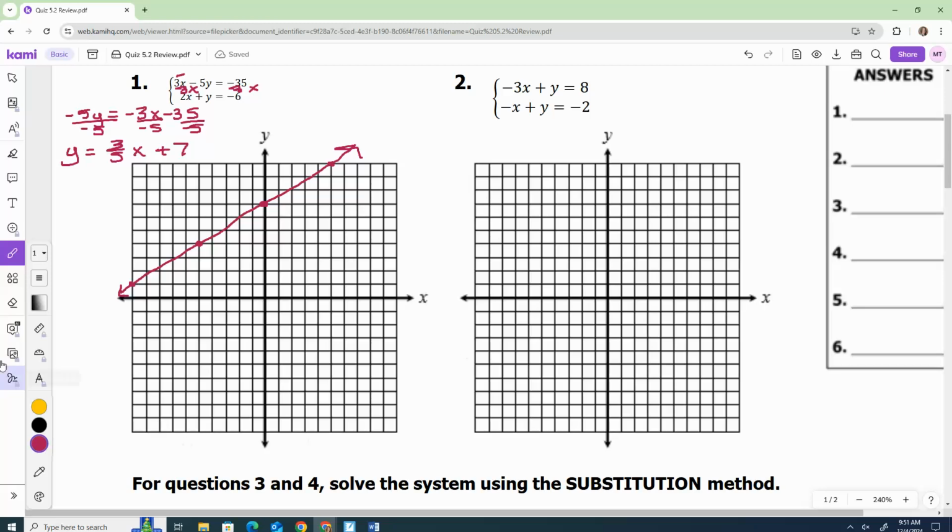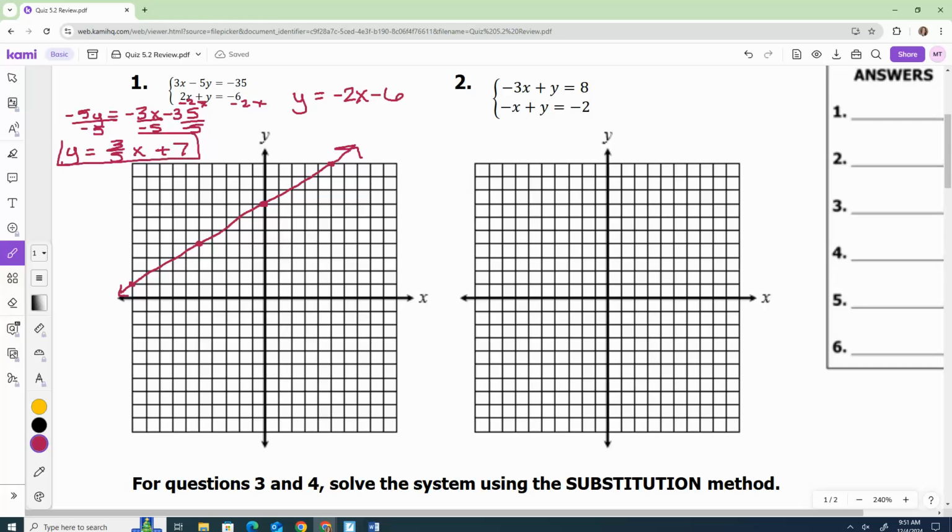The second one, again, it's not set up for us to easily graph. So if I want to graph it, I need it to be y equals mx plus b form. So the first thing we would do is subtract the 2x. If we do that, y equals negative 2x minus 6.